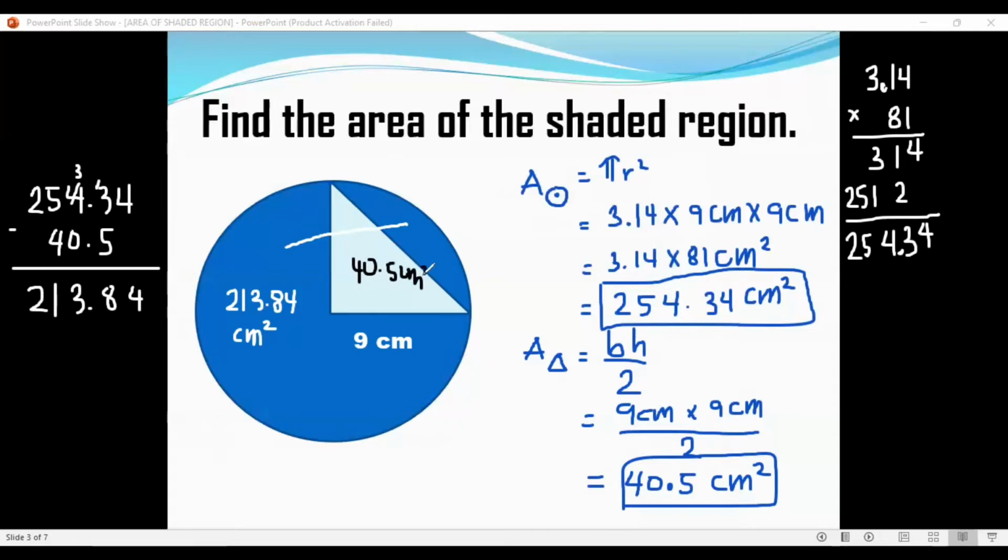And if you add the whole circle, you are getting 254.34 cm square. So that's basically the steps on how we can find the area of shaded regions.